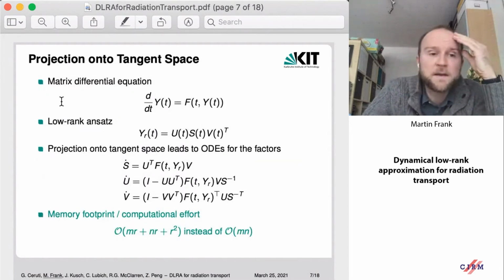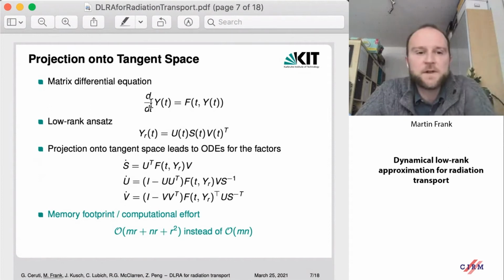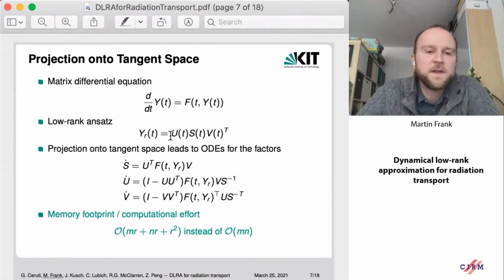So coming back to the matrix differential equation, which looks like this, right? Abstract matrix differential equation. I make this low rank ansatz, meaning I express Y truncated at rank R as this singular value decomposition type factorization.